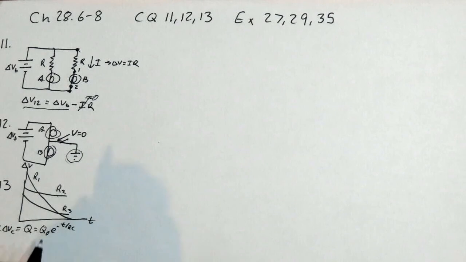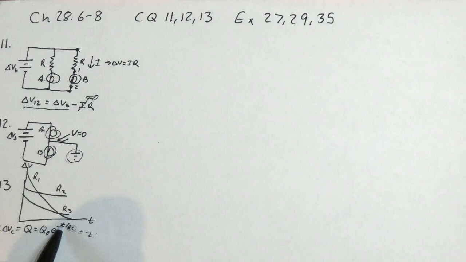So if R is big, then this exponent is small, and that means that as time ticks on, the change gets smaller. This RC we call a time constant. It basically describes how fast this will change.